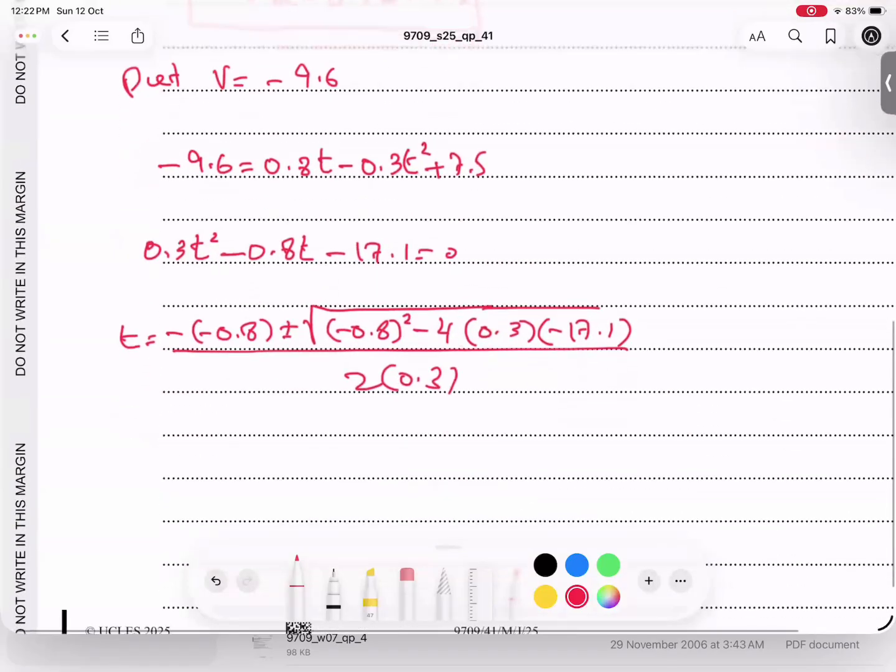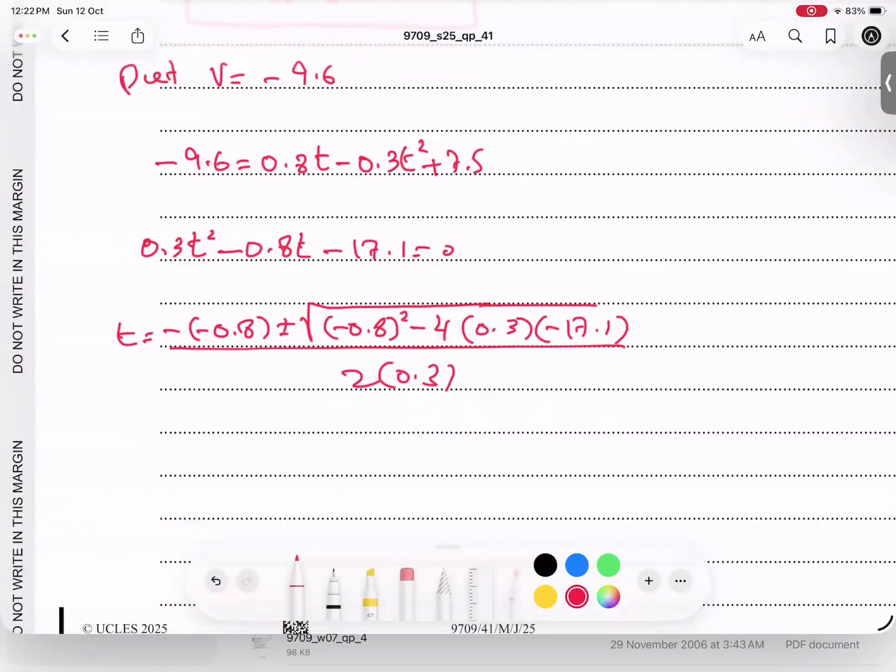First of all, I'm going to calculate. So what is the value of a: 0.3, b: negative 0.8, and c is negative 17.1.